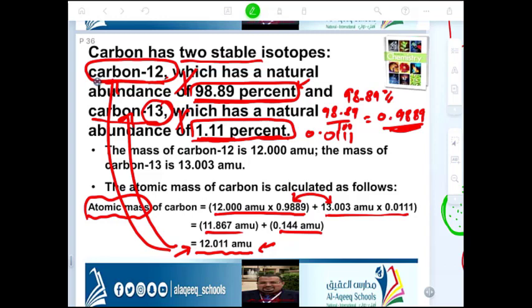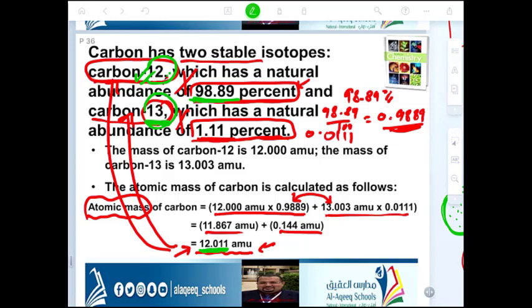Look, 12.01, close to 12 or close to 13? Close to 12. And 12 is the most abundant isotope. Yes, it must be like this. If you find the result close to the least abundant, it's wrong.